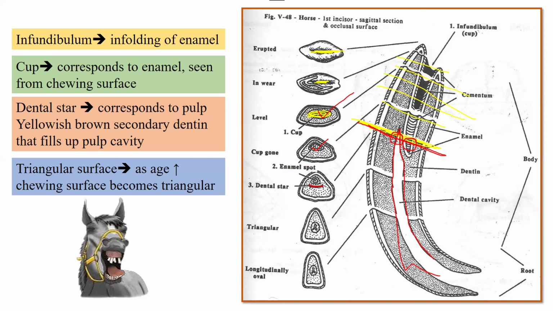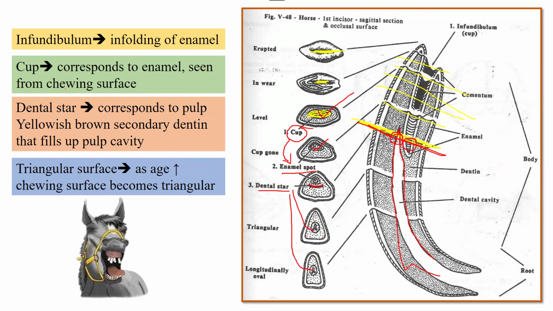So cup will convert into enamel spot, and enamel spot will soon disappear, because in the later two diagram pictures you can see no enamel spot or cup. So cup will convert into enamel spot and then totally disappear, and at the same time dental star will start to appear. What is this? This is dental star, this structure and this structure.